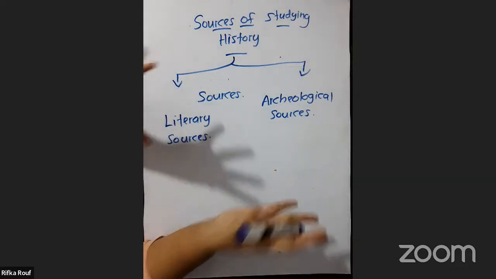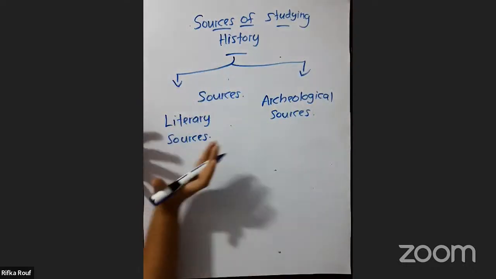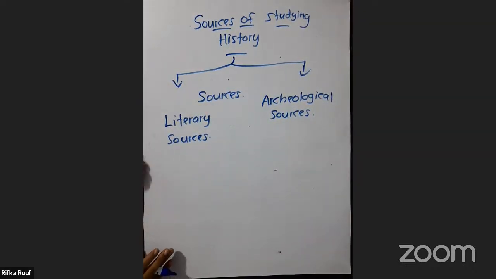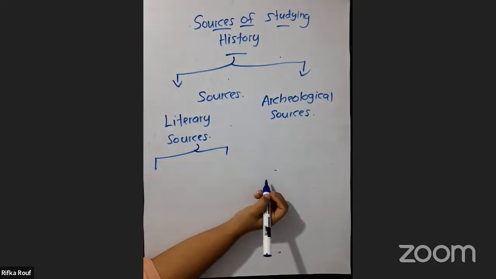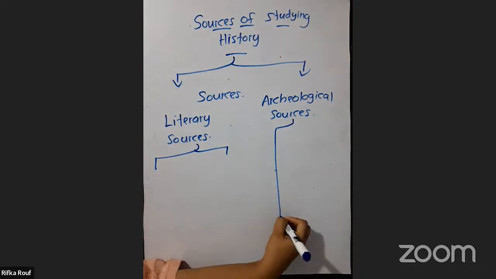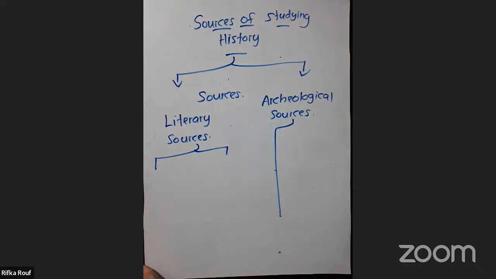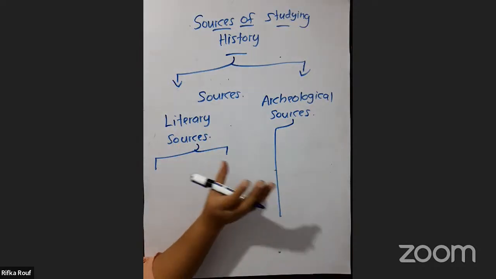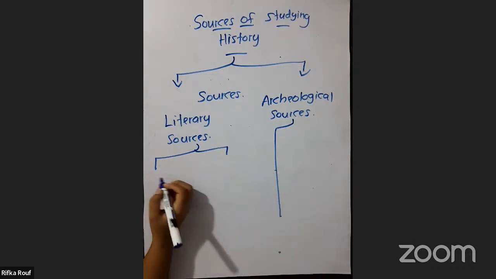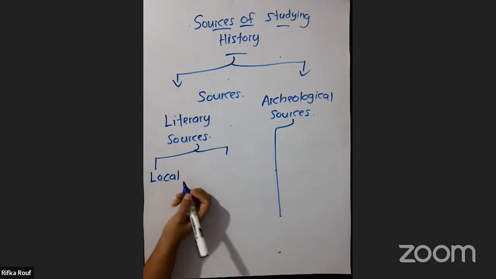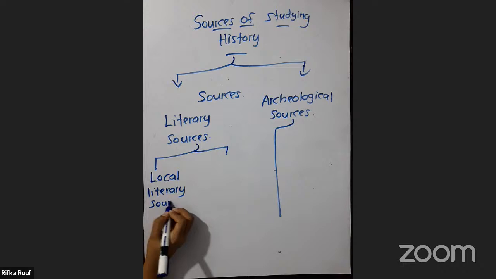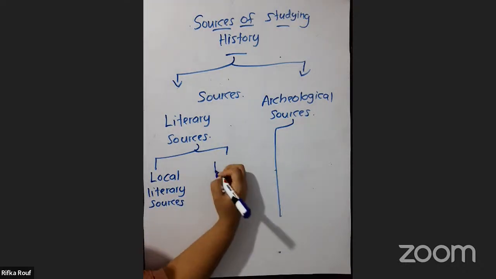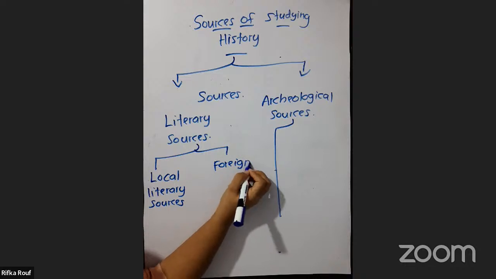So in order to learn history, both of these sources are very important. There are classifications in the literary sources and in the archaeological sources as well. When we talk about the literary sources, there are local literary sources and foreign literary sources.